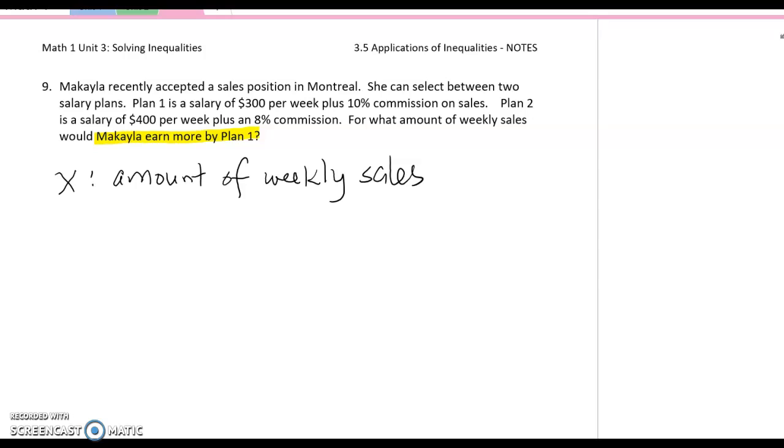Because we are looking at a situation where Michaela is going to earn more by choosing Plan 1 versus Plan 2, that's how we're going to set up our inequality. We want Plan 1 to be greater than Plan 2.